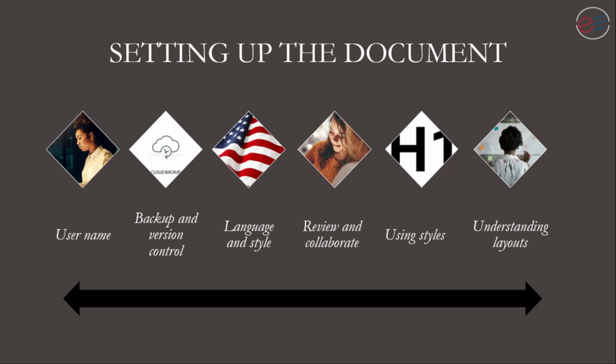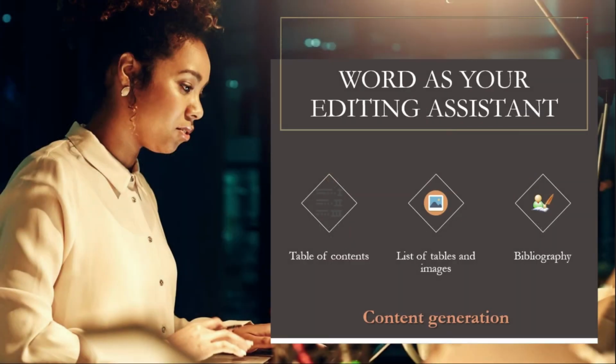These layouts have their own objectives and purposes. For example, the print layout is there to see how a final print output will look like. On the other hand, a normal layout will be useful for an editor, maximizing the screen space, minimizing distractions. With this introduction to other areas, how Word can help you as your editing assistant.